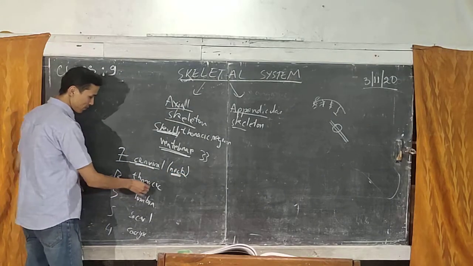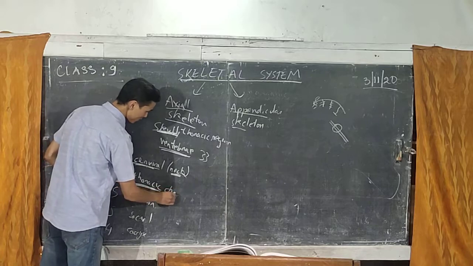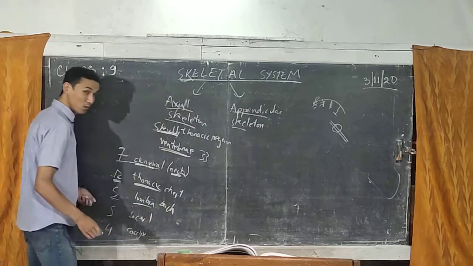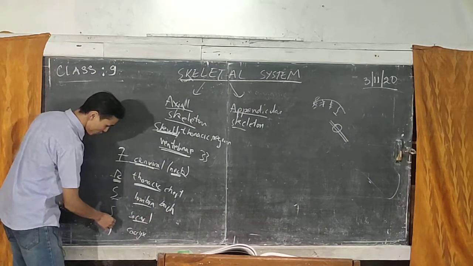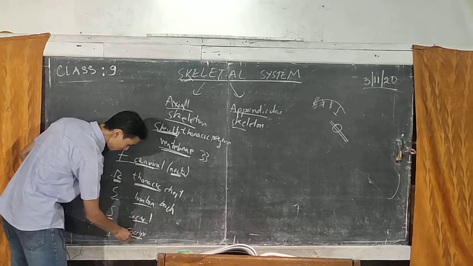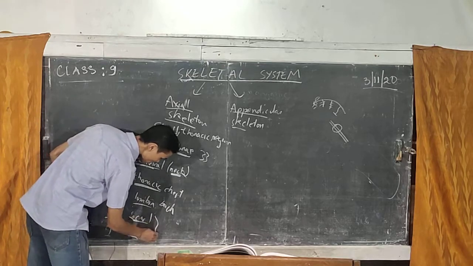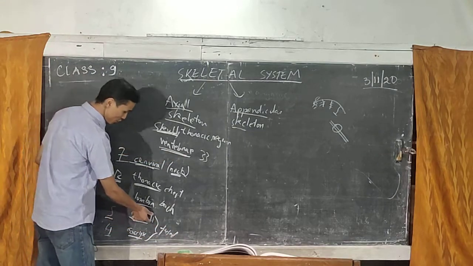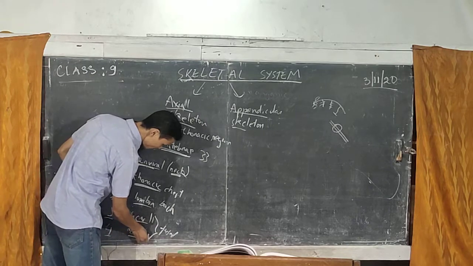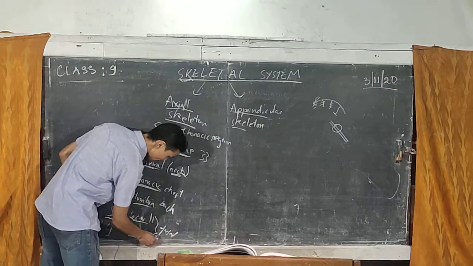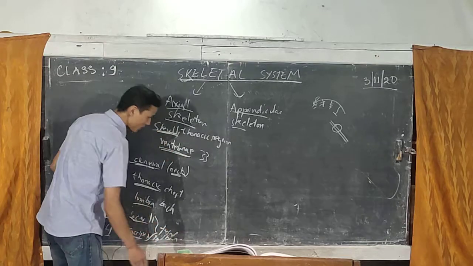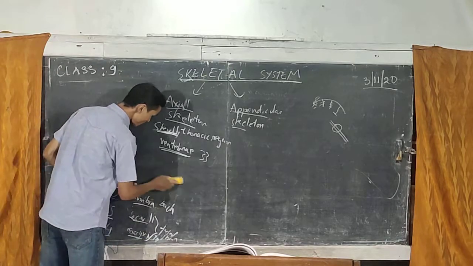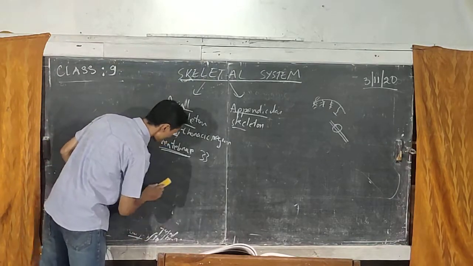The next 12 vertebrae are present in the thoracic region, that is your chest region. Your 5 lumbar vertebrae represent your back region, and below the back are your 5 sacral bones and 4 coccyx bones. Your sacral and coccyx bones are fused. 5 sacral bones are fused into 1. 4 coccyx vertebrae are fused into 1. This coccyx is also known as the tail bone. So your 33 vertebrae consist of these 5 parts.